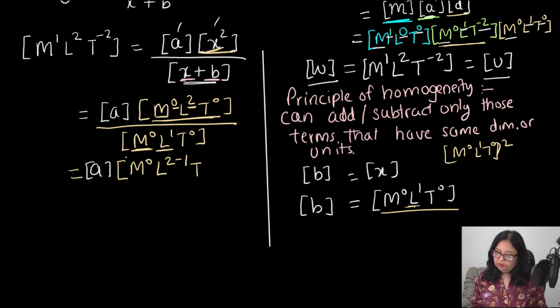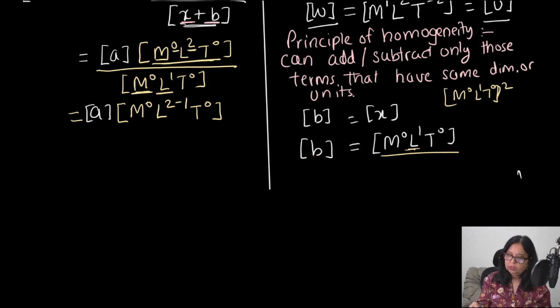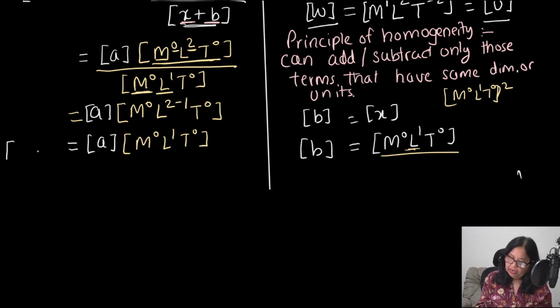T to the power 0 divided by T to the power 0 is still T to the power 0. This gives us dimensional formula for A times m to the power 0, L to the power 1, T to the power 0. What do I have on the left-hand side? I have m to the power 1, L to the power 2, T to the power minus 2.